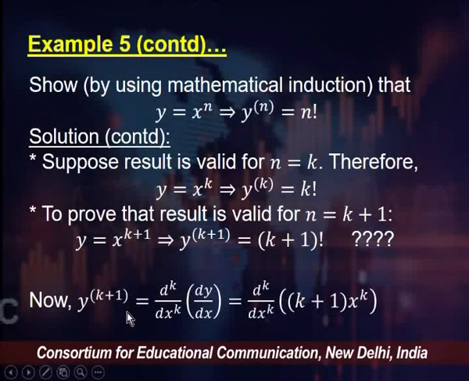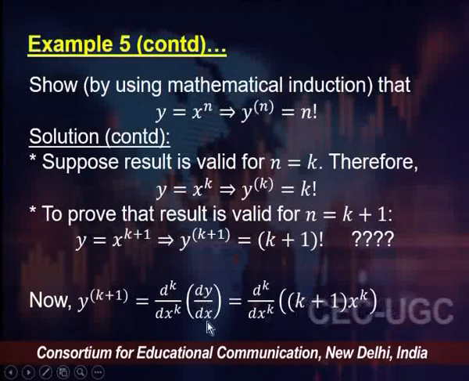Now, if you notice here, the k plus 1th derivative is nothing but the kth derivative of dy by dx with respect to x. Yeah, because if I take the derivative once for y and then I differentiate it k times with respect to x, that will mean that I am differentiating y k plus 1 times. Okay. So the k plus 1th derivative of y with respect to x can be written as the kth derivative of dy by dx.